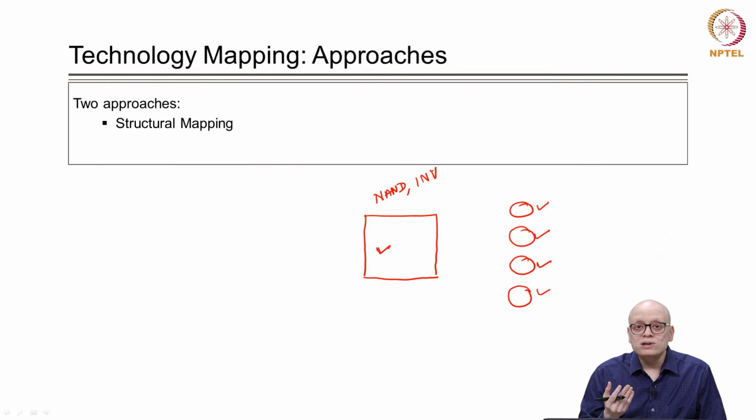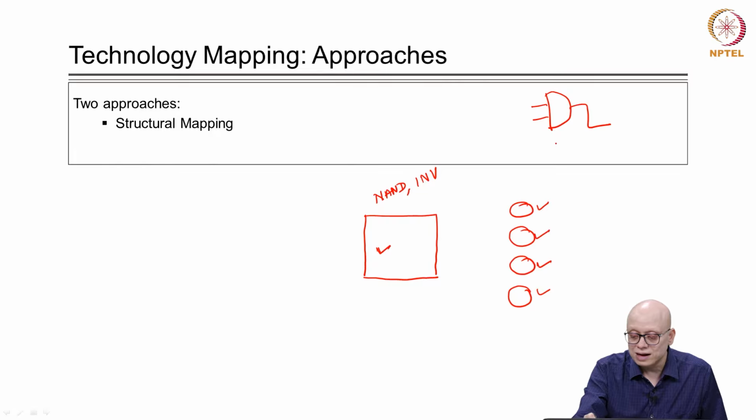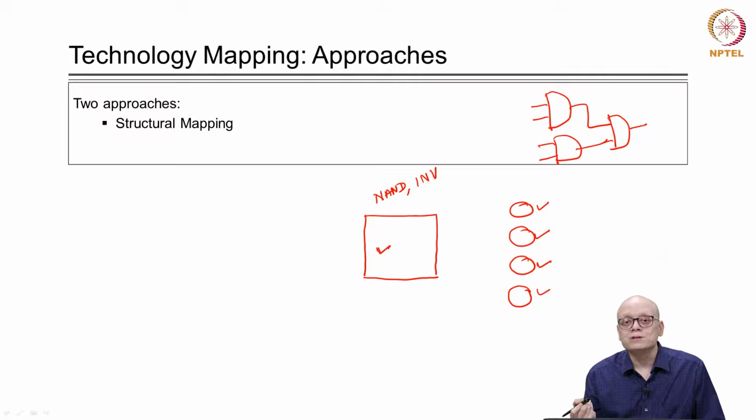Now, a given Boolean function can be represented in many ways structurally. For example, suppose there is a 4 input AND gate. We can represent it in terms of, say, 2 input AND gates like this. This is one structural representation of a 4 input AND gate in terms of 2 input AND gates.